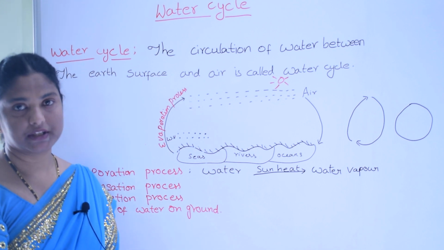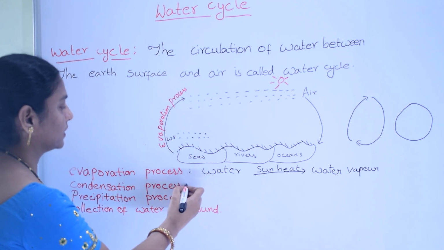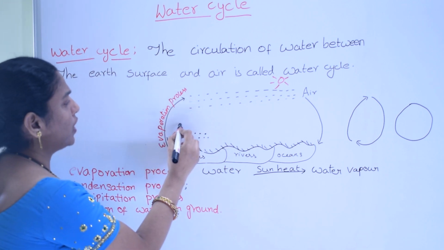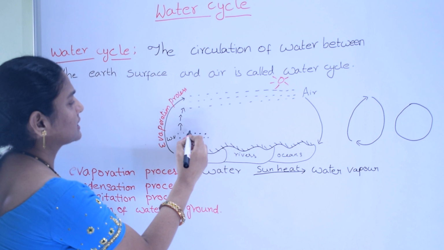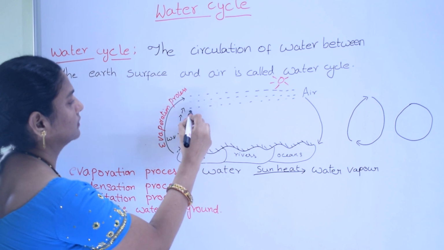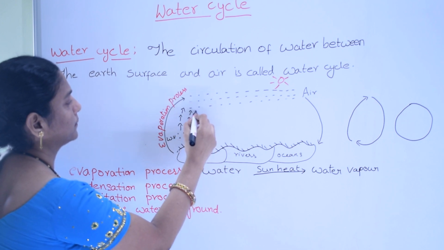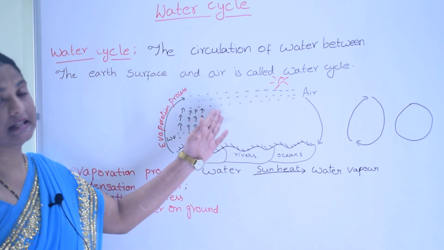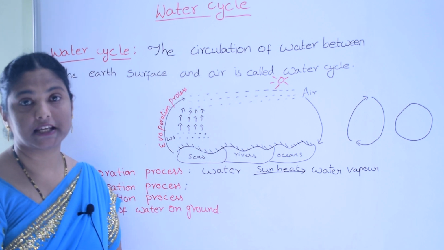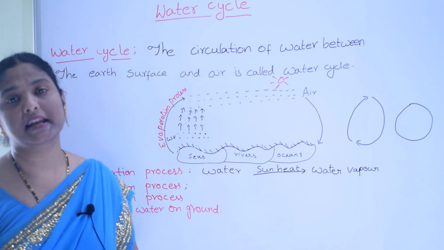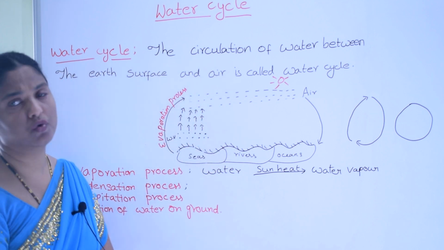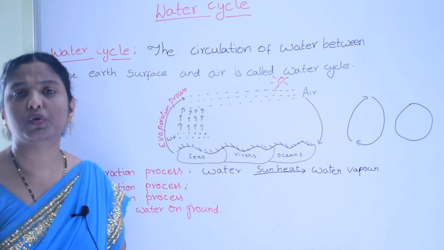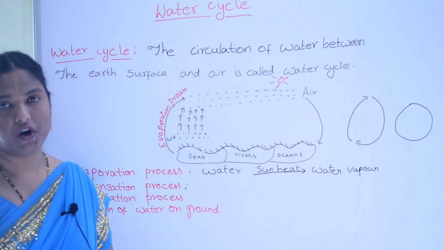Now, the second process is the condensation process. This water vapor slowly goes up to the sky. On the upper part of the earth surface, air is present, but that air is very cool in nature. Because of this coolness, this water vapor gets converted into very tiny droplets of water.